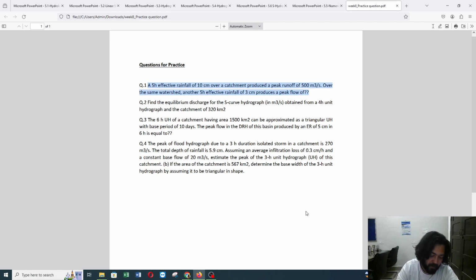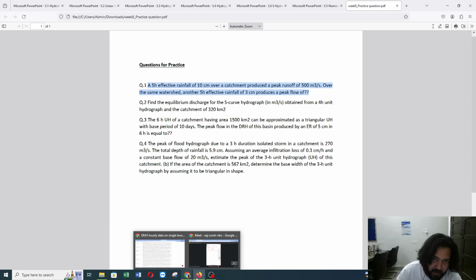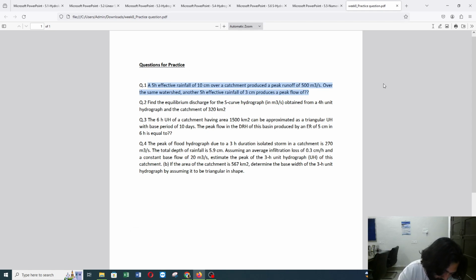Now how we can calculate that is, they have given us effective rainfall, that is 10 centimeter, and also the value of peak flow as 500 meter cube per second.